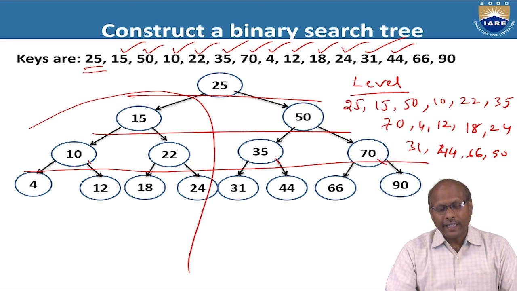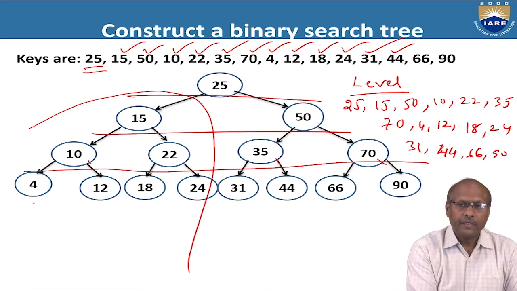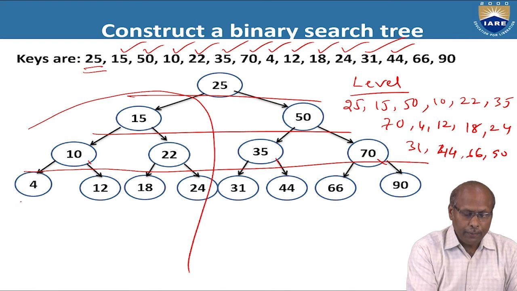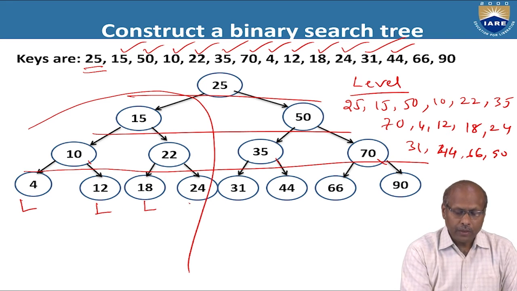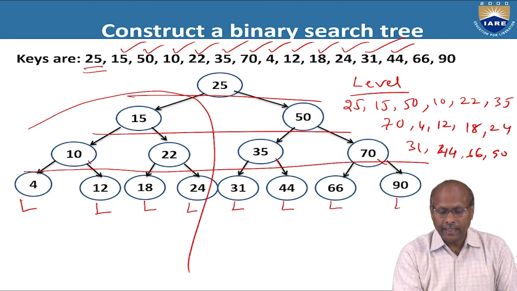Now they may ask a question, what are the leaf nodes in this tree? The leaf node will always be at the bottom and has no more child. So here 4 is a leaf node, 12 is a leaf node, 18 is a leaf node, 24 is a leaf node, 31 is a leaf node, 44 is a leaf node, 66 is a leaf node and 90 is a leaf node.